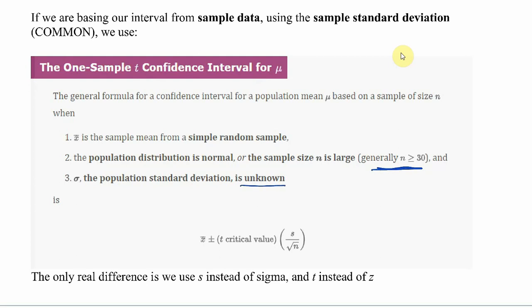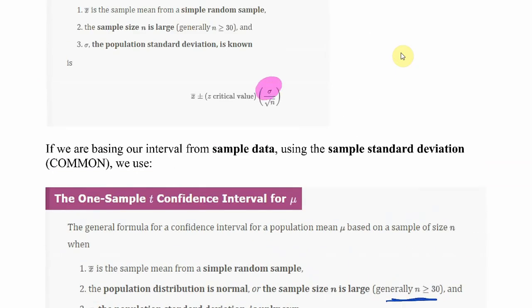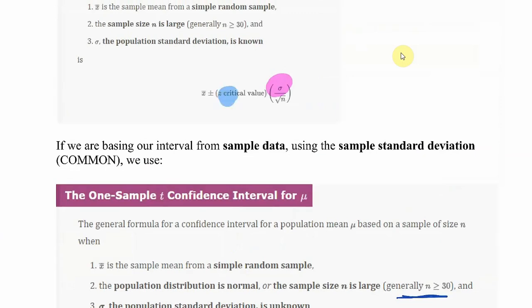But what we do have is the sample standard deviation S. And then look at the formula: x bar plus or minus, instead of Z, we have what's called a T critical value times our standard deviation, and the only differences are that we use S instead of sigma, like we have up here, and we're using a T critical value instead of a Z critical value.